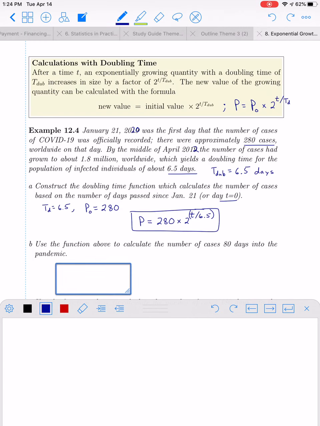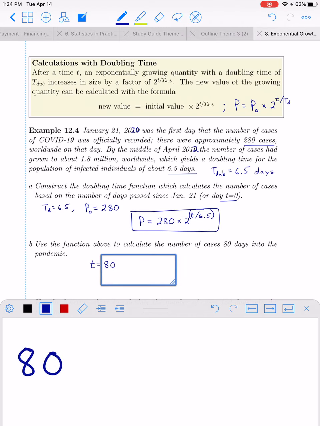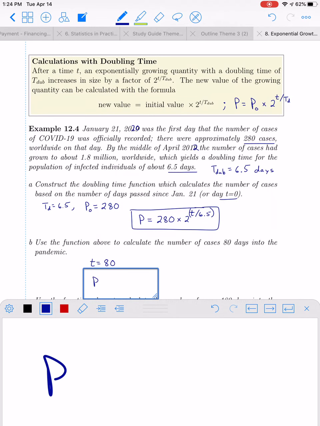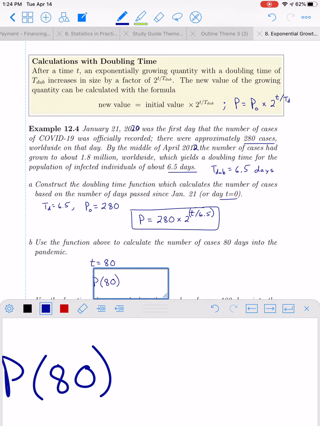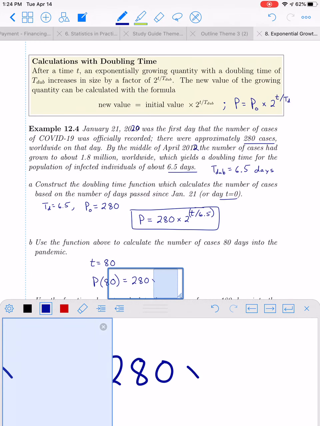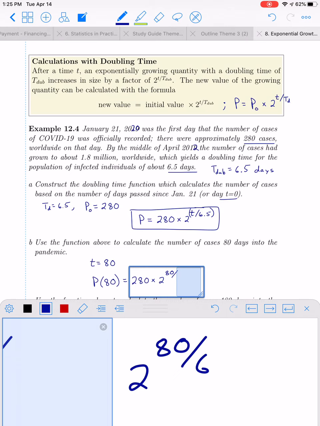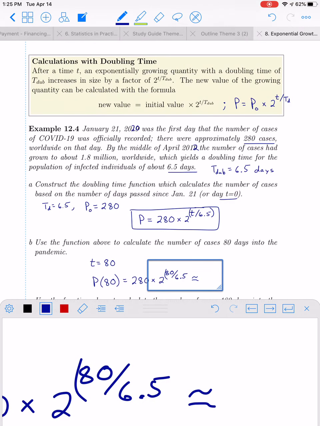So use this function, this is part B, to calculate the number of cases 80 days into the pandemic. So 80 days later, t is equal to 80 days after January 21st. What we're looking for is the population, or the count of infected people, when t is equal to 80. So the population based on 80 days is 280 times 2, and that 80 is plugged in for t over 6.5. When we plug this into a calculator, I'll stress be very careful with that.